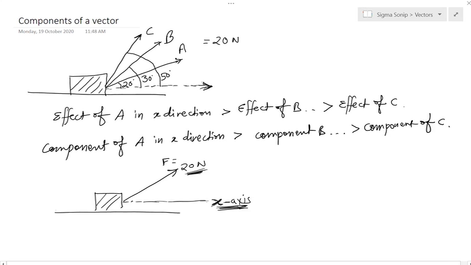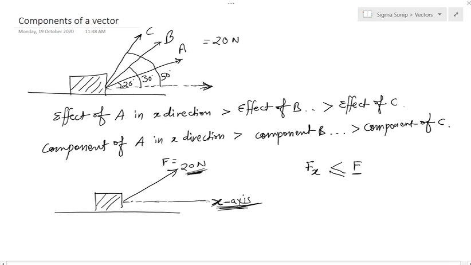Let me say one more thing here, that the component along x-axis, let me denote that by Fx. So we know that Fx will always be less than or equal to F. So what is happening is that a part of force F is acting along the x-axis.